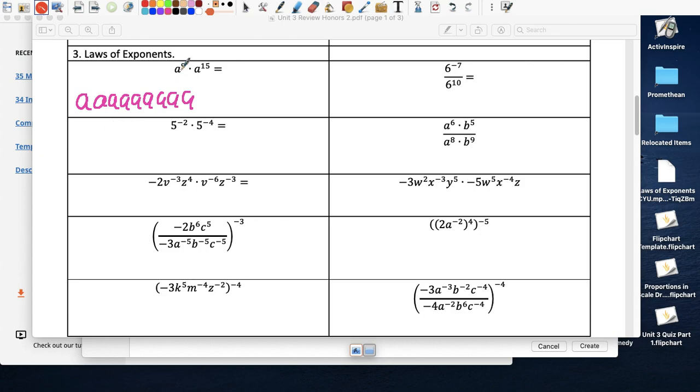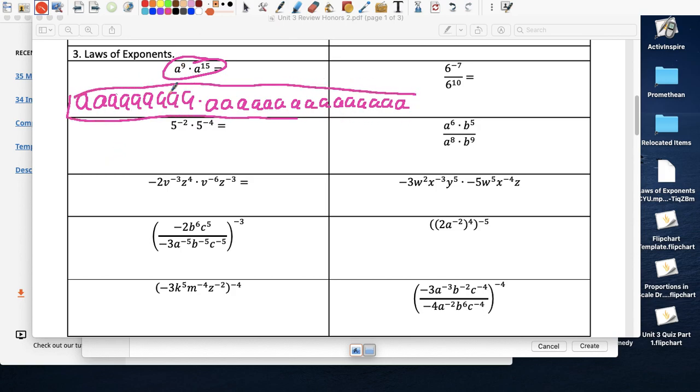So 8 to the 9th times 8 to the 15th. I'm going to write it. 1, 2, 3, 4, 5, 6, 7, 8, 9, 10, 11, 12, 13, 14, 15. So that's what this is. All these A's being multiplied. But who wants to write that? No one.